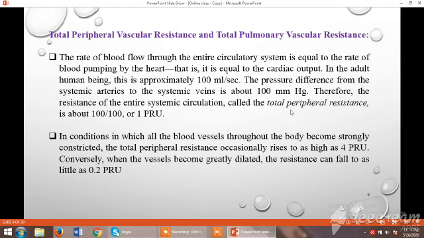So we can say R equals 100 by 100, that is 1. This 1 millimeter of mercury per milliliter per second is 1 peripheral resistance unit.